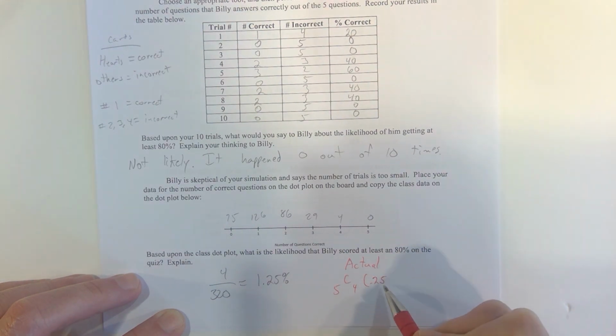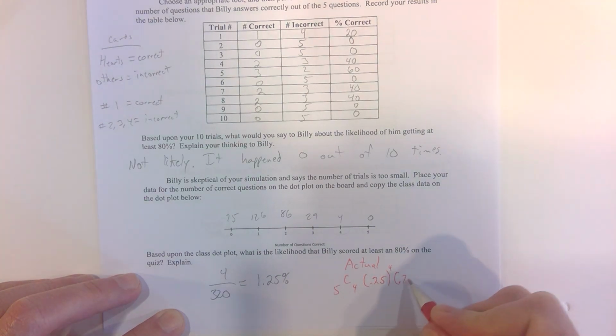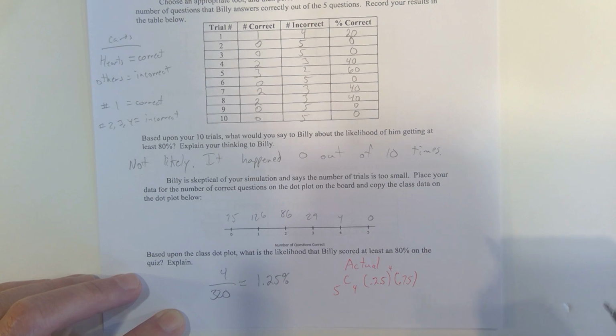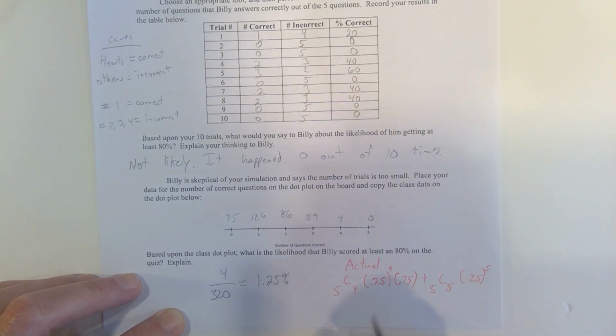The chance of getting it correct is 25%, and I need 4 of them to do that, and then I need 1 of them wrong. Or he would have been happy with 100% on the quiz. So 5 questions, I want all 5 of them correct. And if we work this out, we get approximately 1.56%.